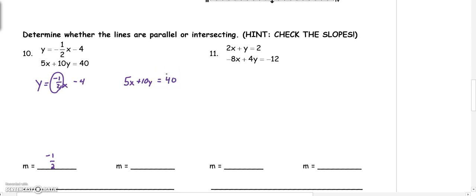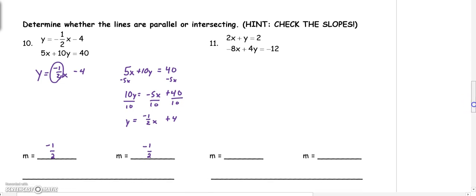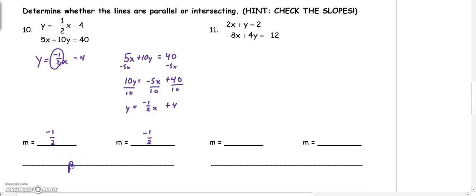The first thing I need to do is solve for y so I can find my slope. So I'm going to subtract 5x from both sides. 10y equals negative 5x plus 40. And then divide everything by 10. Y equals negative 1/2 x plus 4. So my second slope is also negative 1/2. Because they have the same slope, this means that the lines are parallel.